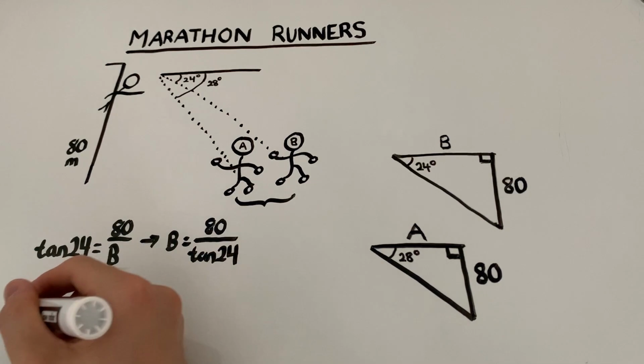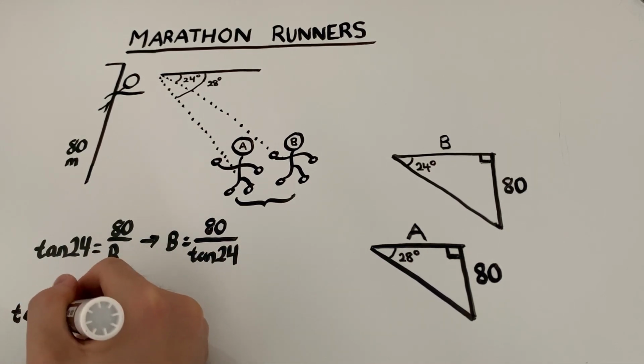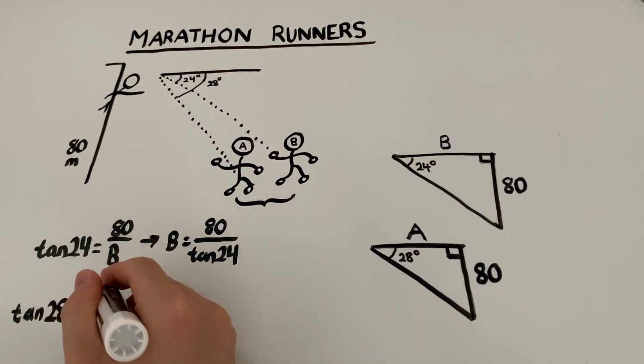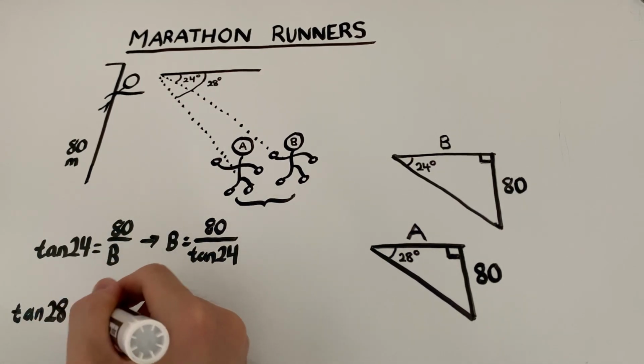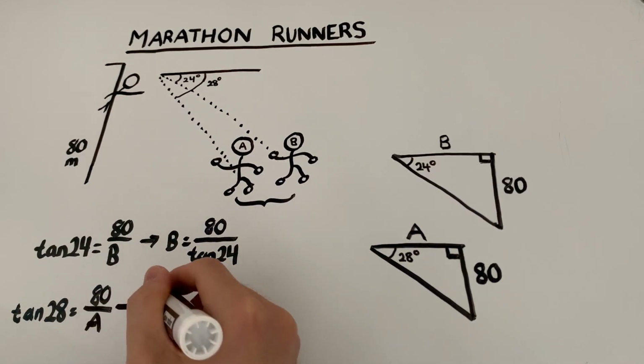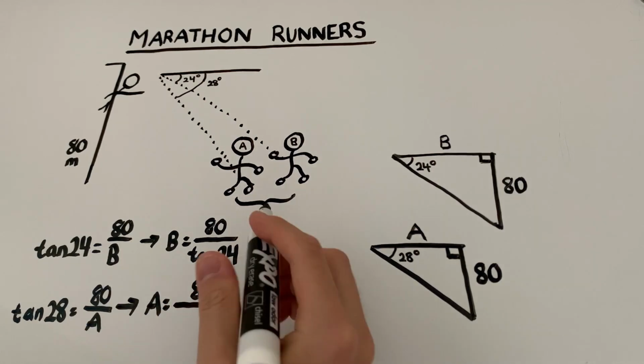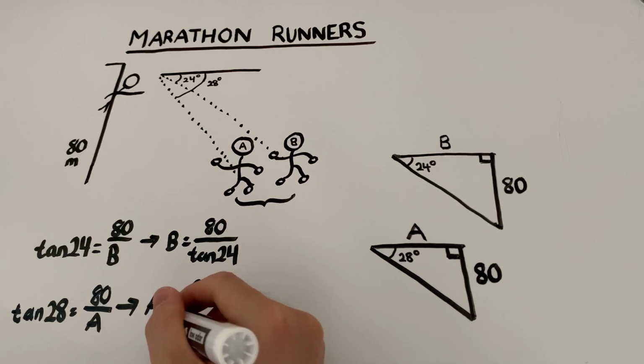In this triangle, tan 28 is 80 over A, meaning A is equal to 80 over tan 28.